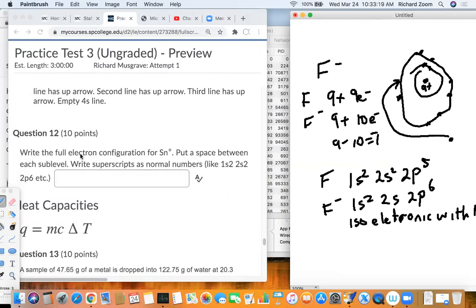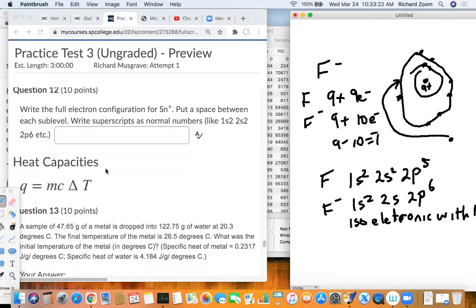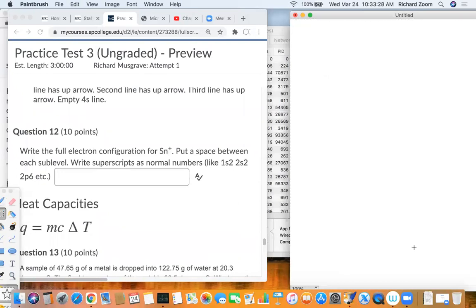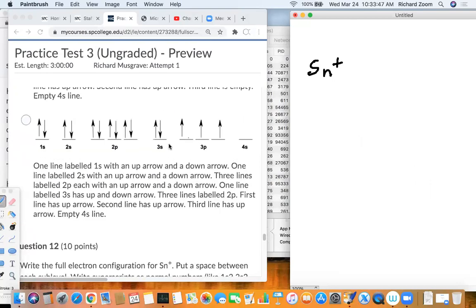Okay, write the full electron configuration for Sn+. Probably should include something that has a number of unpaired electrons as well, but I'll look into that later. So Sn+. So what we do is we find tin.